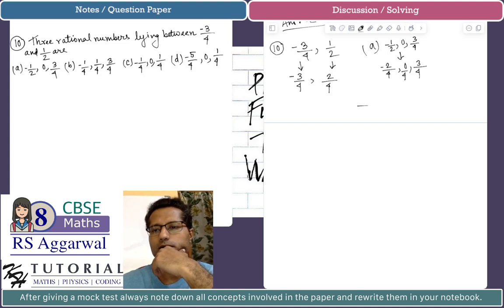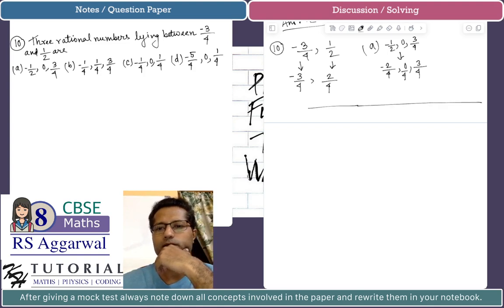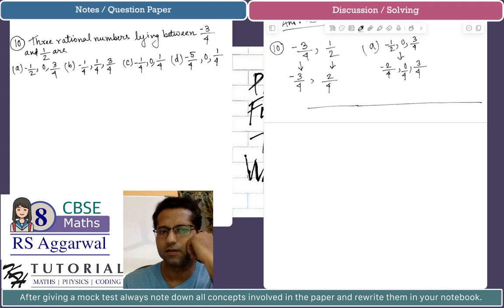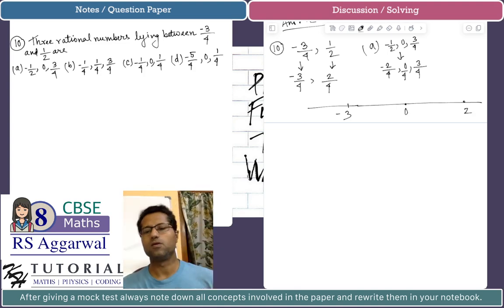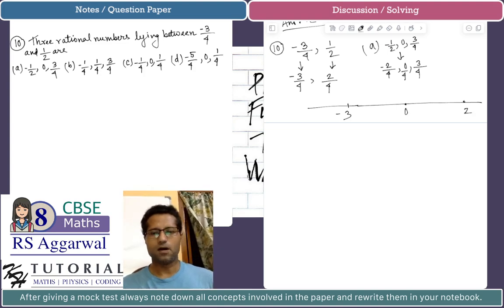The numerators of the given range, that is the given two rational numbers between which we have to verify which other rational numbers are lying, are minus 3 and 2. This is 2 and this is 0. So we have to see for all the choices whether the numerators of all three rational numbers lie between minus 3 and 2.